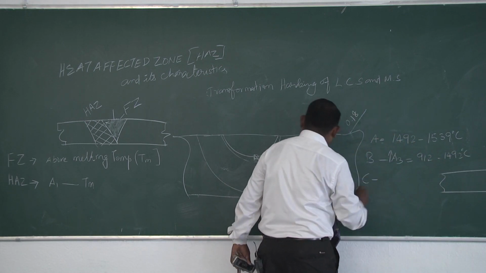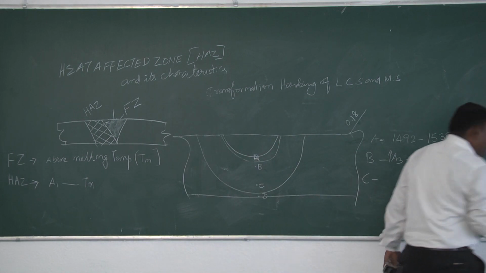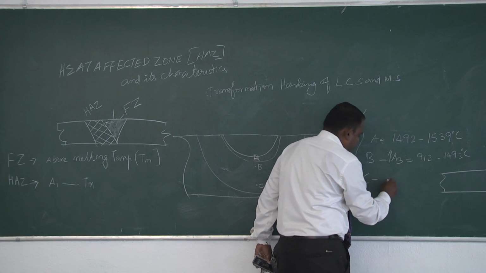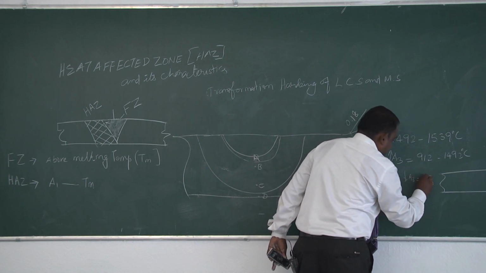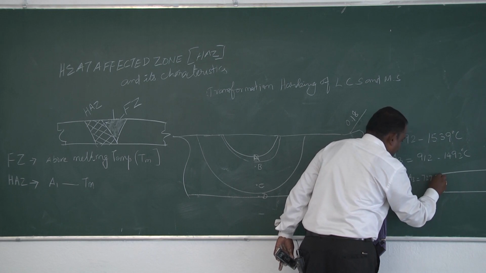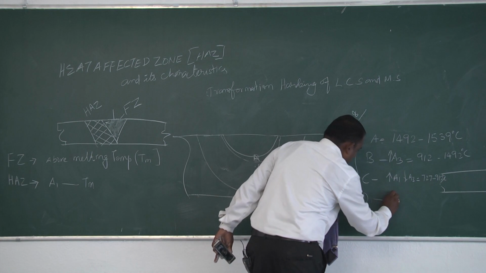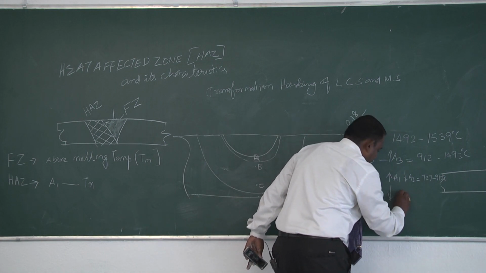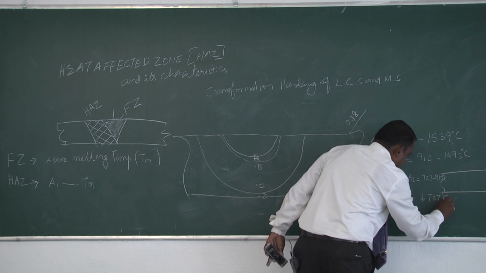Location C experiences a lower temperature, above A1 but below A3, that is 727 to 912 degrees Celsius. And location D is below A1, that is just below 727 degrees Celsius.